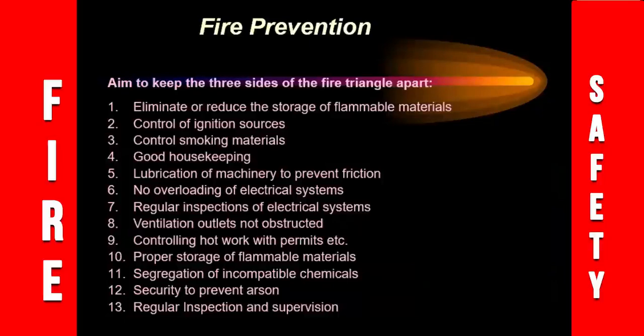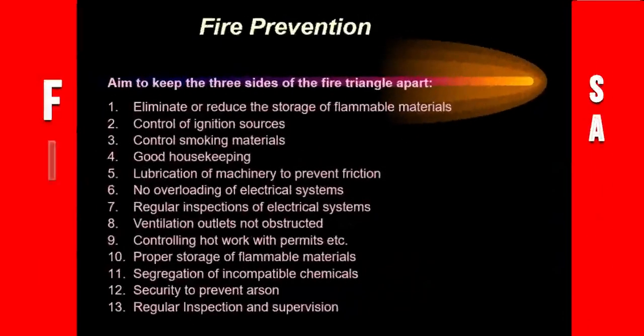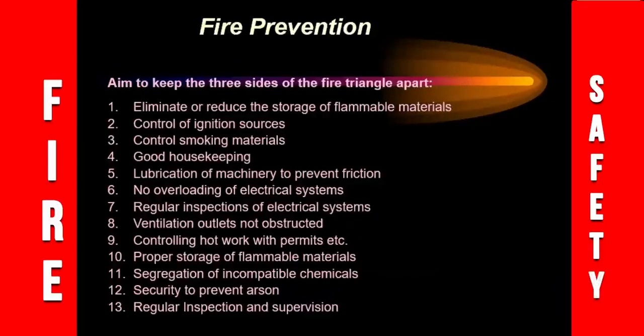Dear friends and fellows, we've learned what is fire, what is the fire triangle, what are the sources of fire, what are the common causes of fire, what to do if there is a fire, and what you never do if there is a fire.